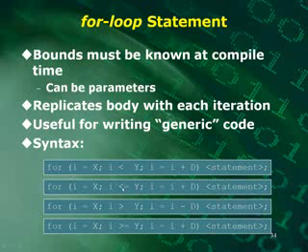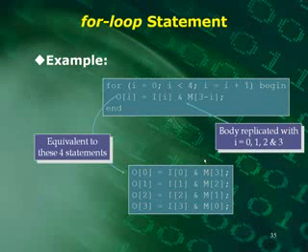You can use your greater than or less than, all those different types of things to get to your destination of the loop. And then you have these statements. So let's look at how we can use it to write generic code, because it replicates the body, and this is the body right here, with each iteration.